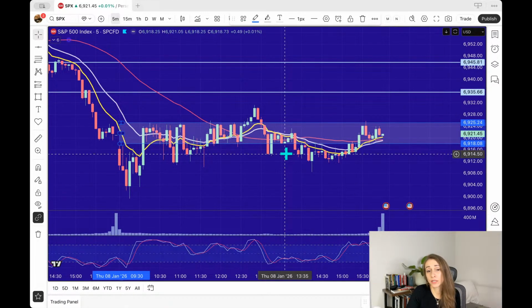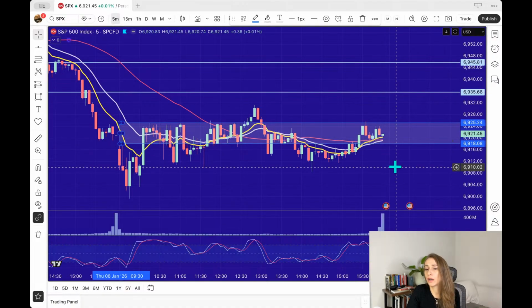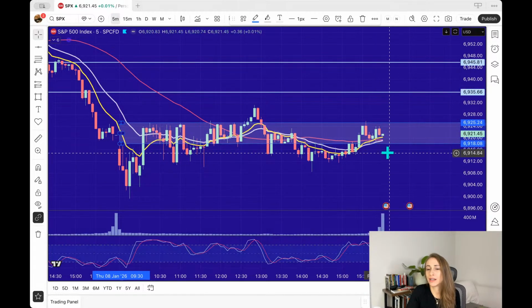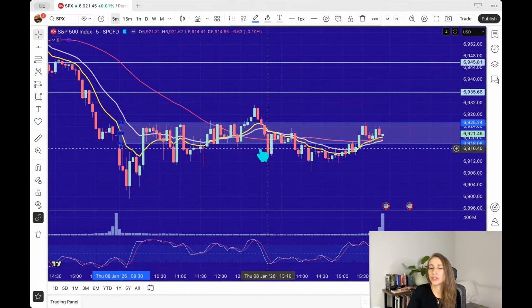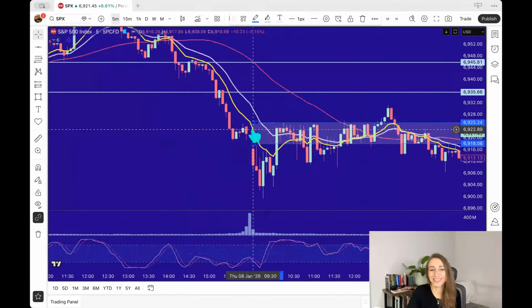Alternatively, we could pop up and start selling off. So if we do go into the lower part of this range, like 69.18, then I'm looking for the entry to the downside. But as I mentioned, you don't have to be first in line.